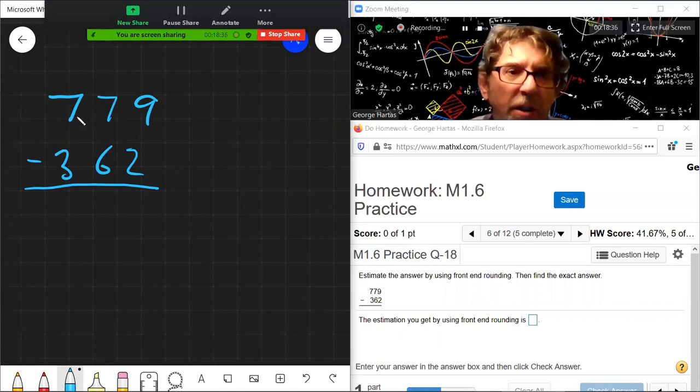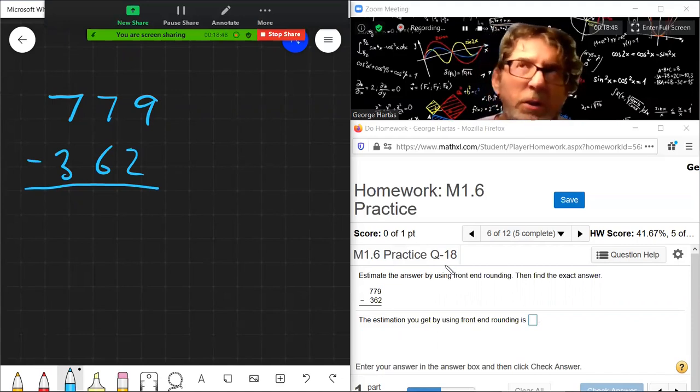So in our case, the leftmost digit is the hundreds, okay? So front-end rounding is like a short way, lazy way to say round to the nearest hundred in this case, or to the nearest thousand if it was a thousands place, and so on. It applies regardless of how big the number is.